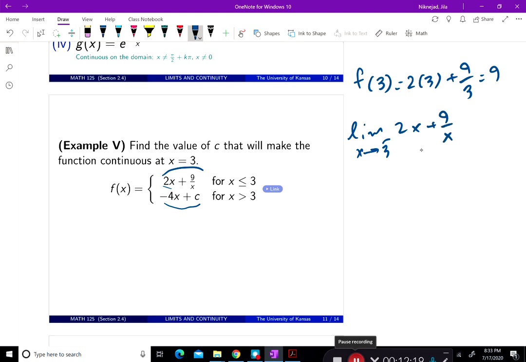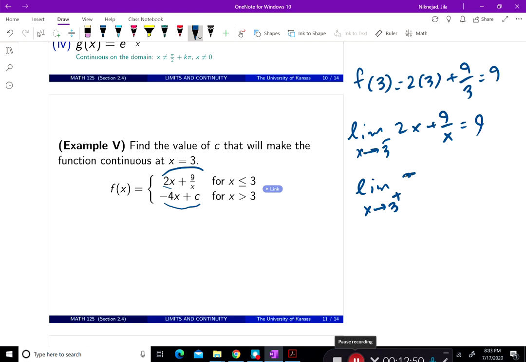Again, this is a continuous function, so I can plug in 3 to find the limit, since it's continuous at 3. That would be equal to 9. And then for the limit from the right side, I have to use the piece to the right of 3, where x values are bigger than 3.